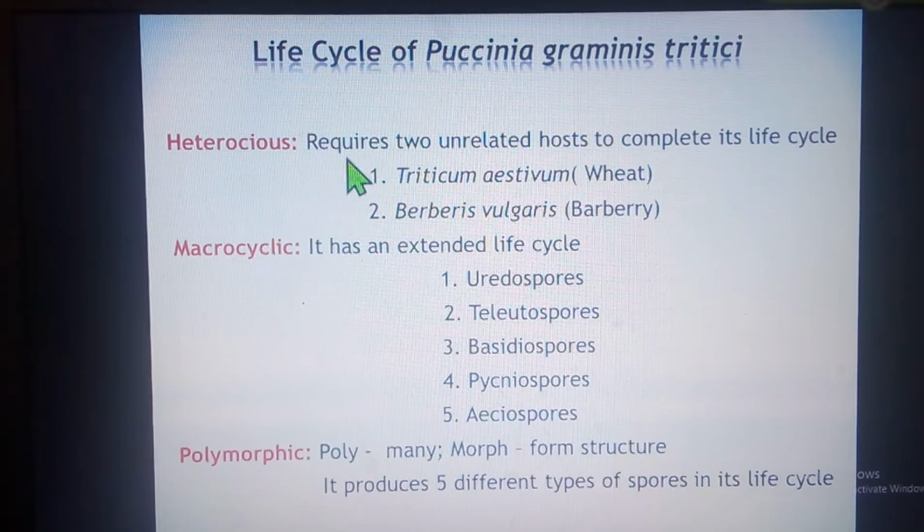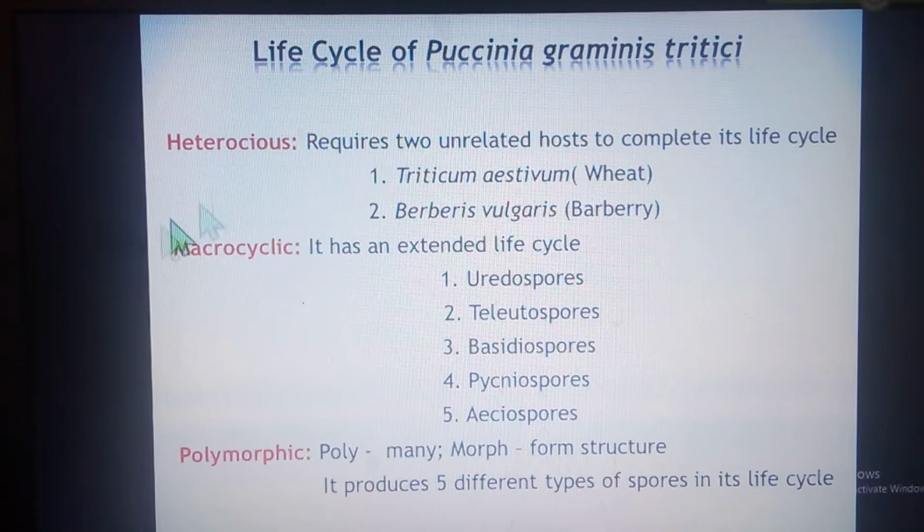The two hosts are Triticum aestivum, that is wheat, which is regarded as the primary host, and Berberis vulgaris, that is the barberry plant, which is the alternate host.